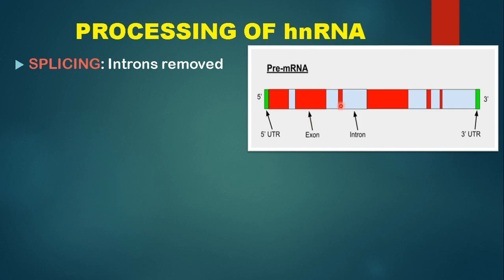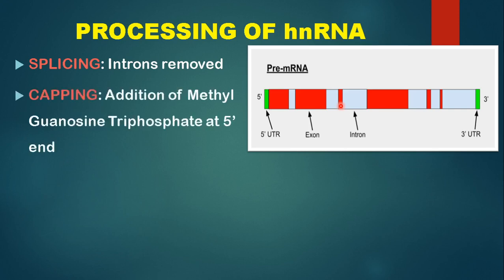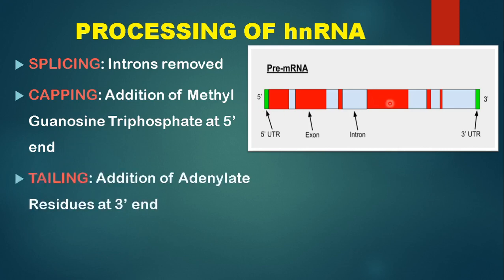So that step is known as splicing, following which there will be capping. At the 5' end, there will be addition of methyl guanosine triphosphate. That step is known as capping, followed by tailing.